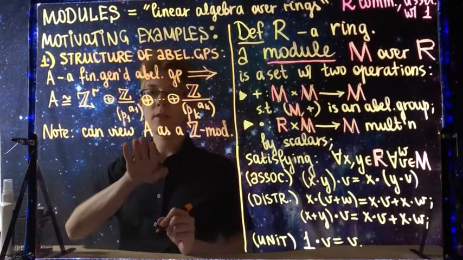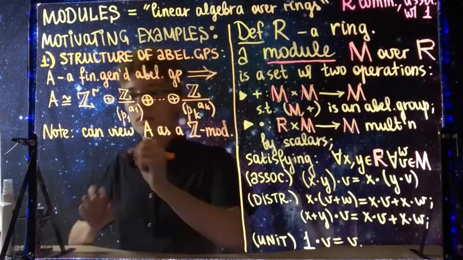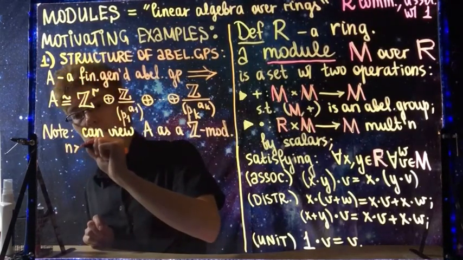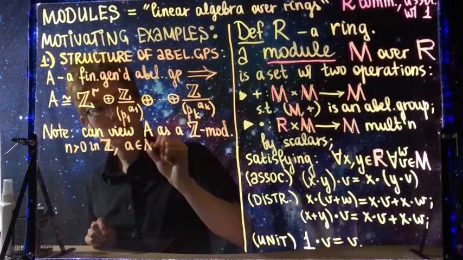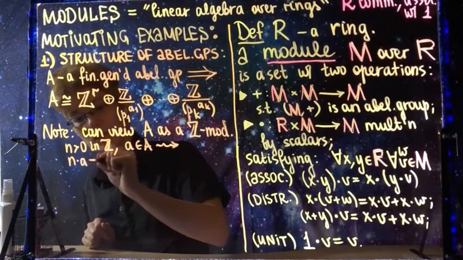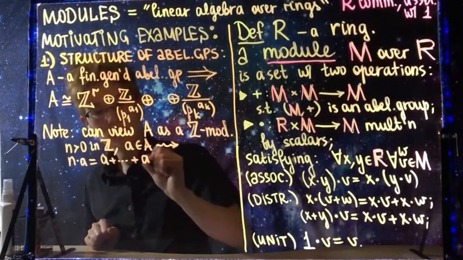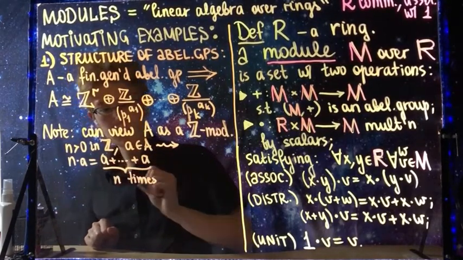So if we have some positive number n, then n times some element a in A, we can write n times a as a plus itself n times.